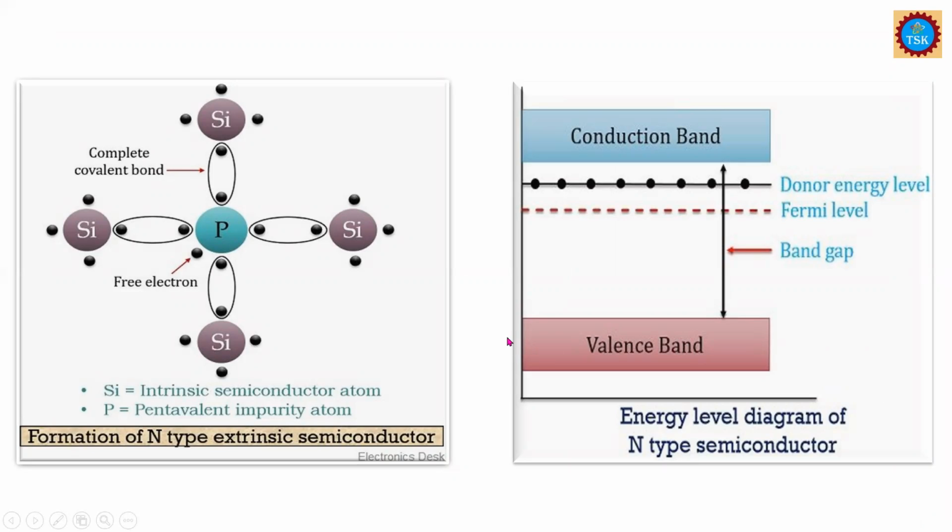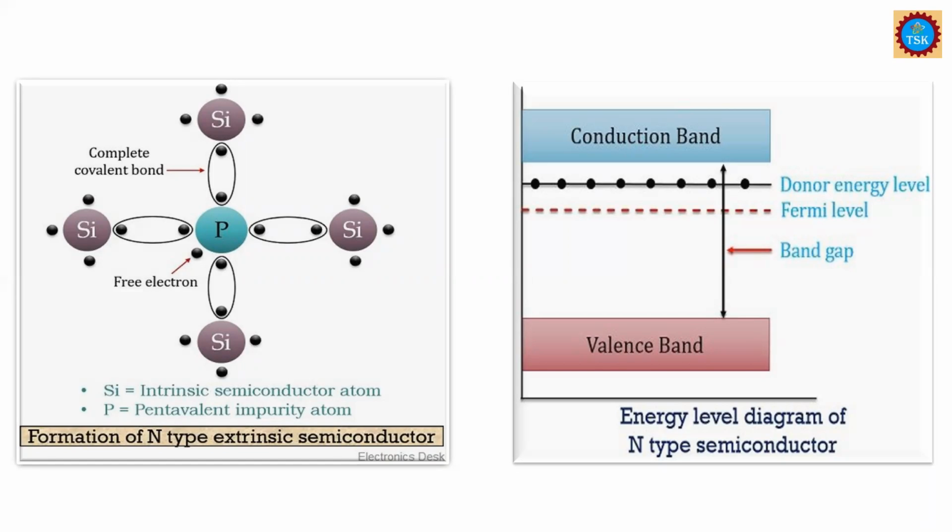When trivalent elements are doped into the pure semiconductor, it is called a p-type semiconductor. When fifth group elements are doped into the pure semiconductor, it is called an n-type semiconductor. First we will discuss n-type semiconductors.